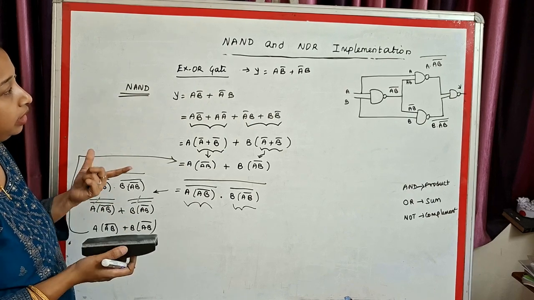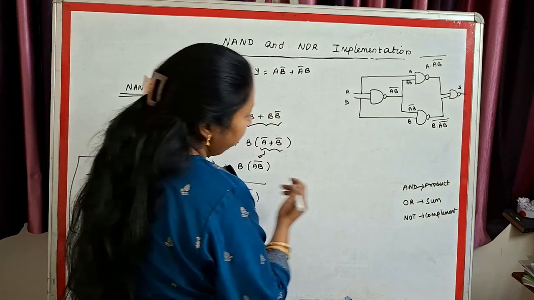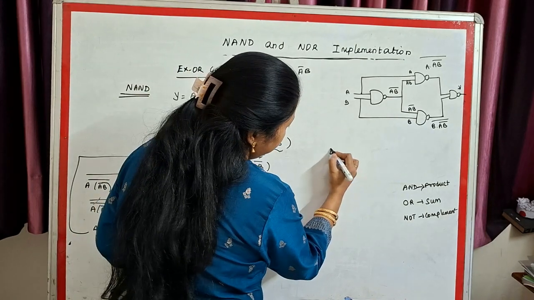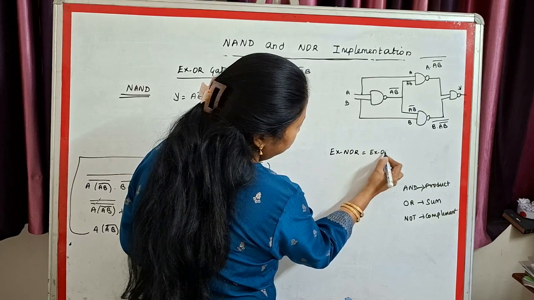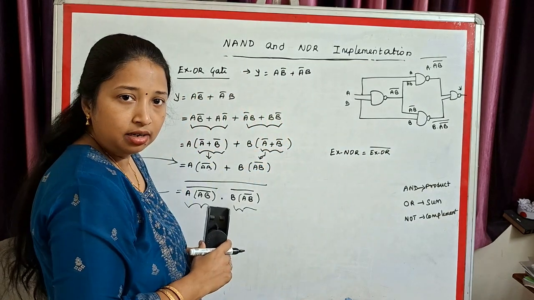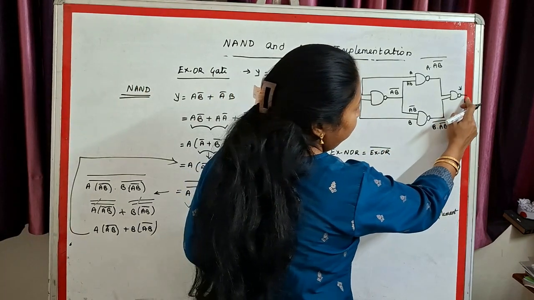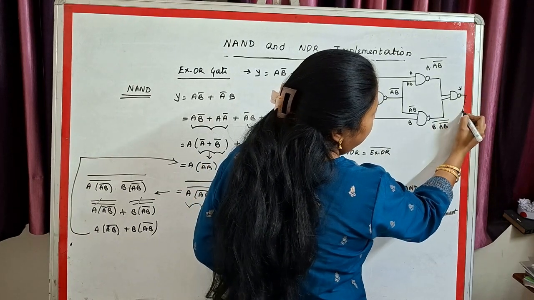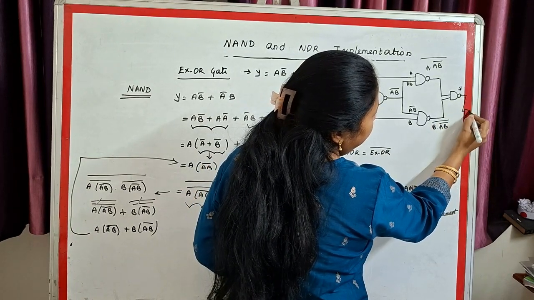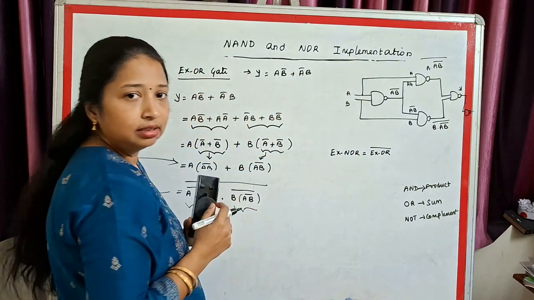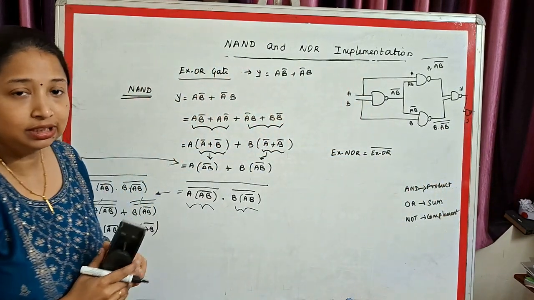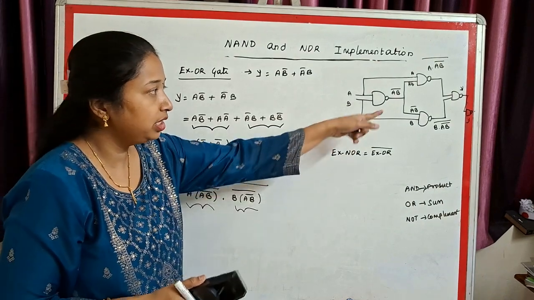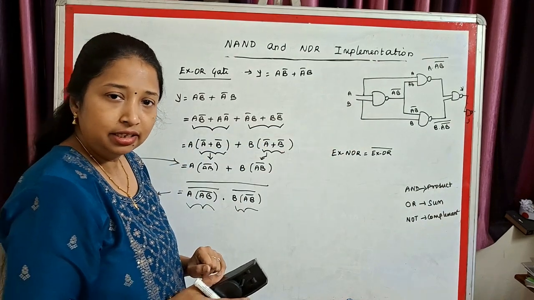Now, XNOR gate. What is XNOR gate? XNOR gate you very well know. XNOR gate is a complement of XOR gate. Right? So the output Y, whatever I have got, if I send that inside another NAND gate, then this becomes an XNOR gate using NAND gate. Is that clear?